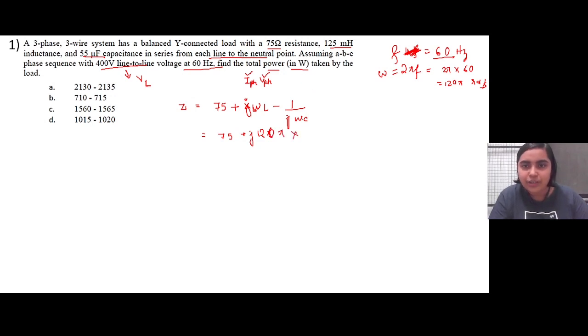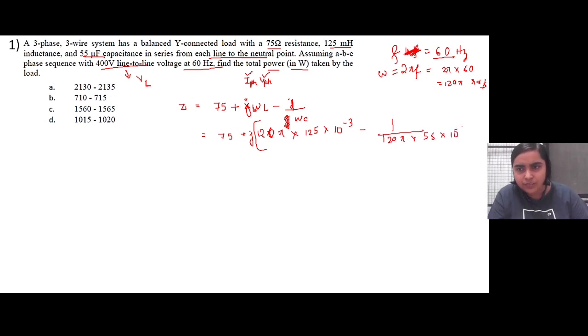L is 125 millihenry, 125 into 10 to the power minus 3, minus 1 by j omega C. Just bring the j outside, so it will be 1 by omega, that is 120 pi into 55 into 10 to the power minus 6. So just calculate this.